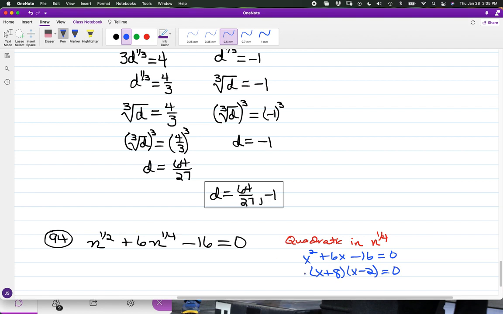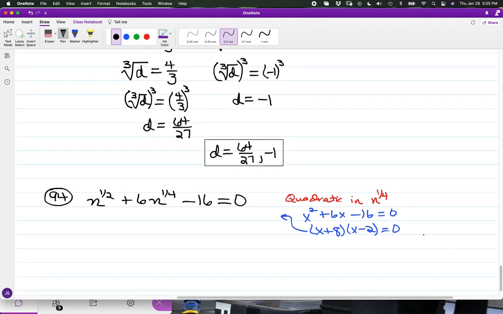So this is analogous to the factorization, but in the case of the degrees in n, instead of x plus 8, I would have n to the 1/4 plus 8, times the quantity n to the 1/4 minus 2, is equal to 0, and then setting each of these factors to 0.